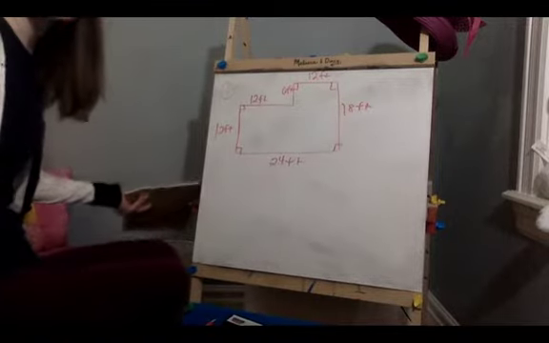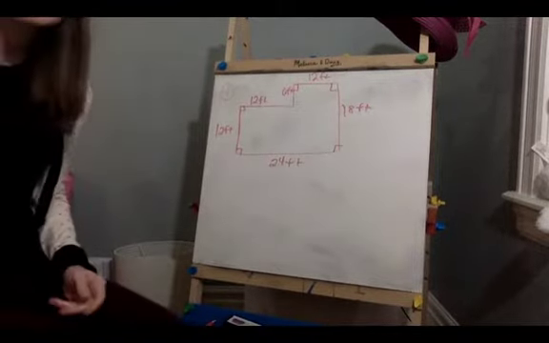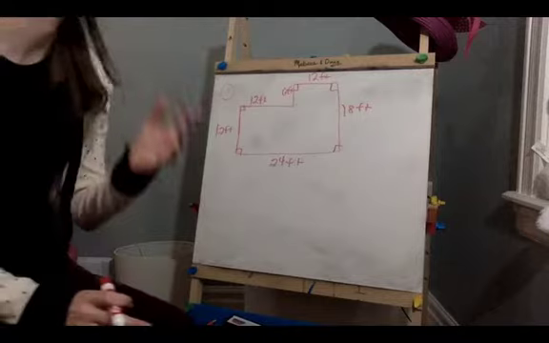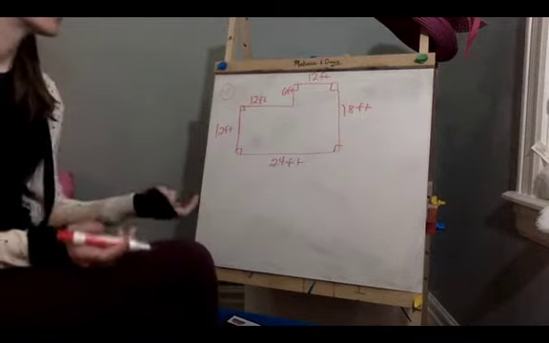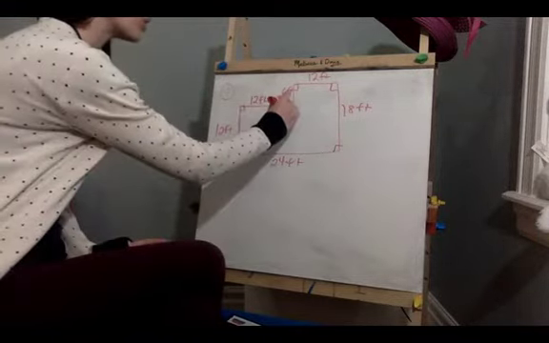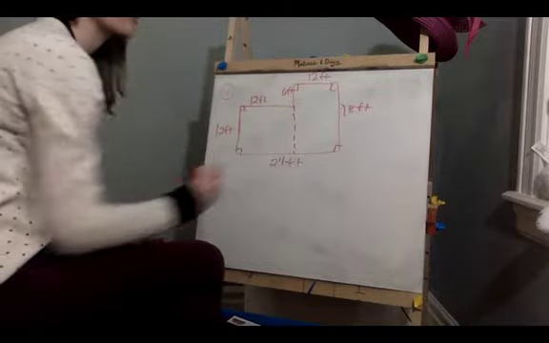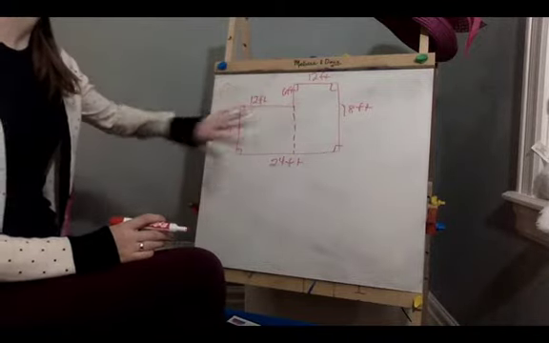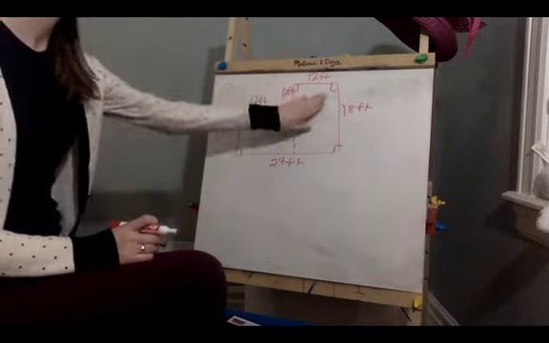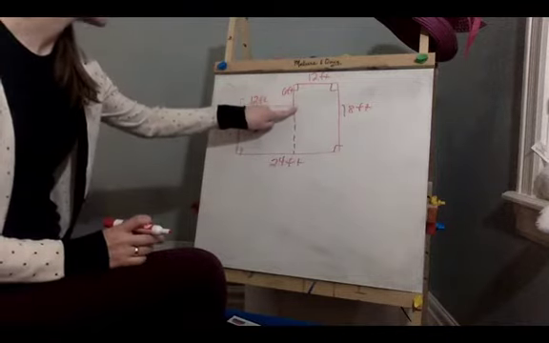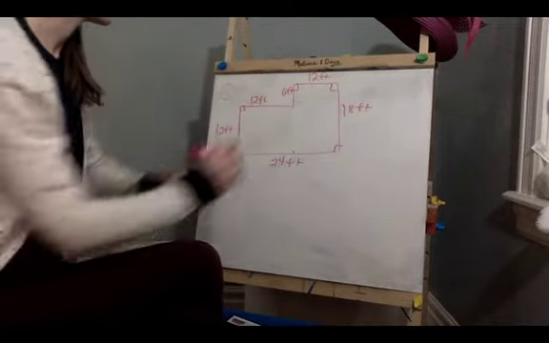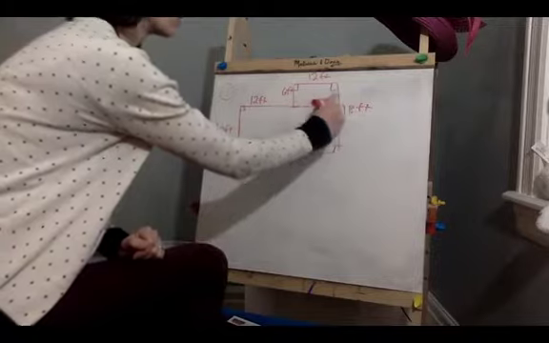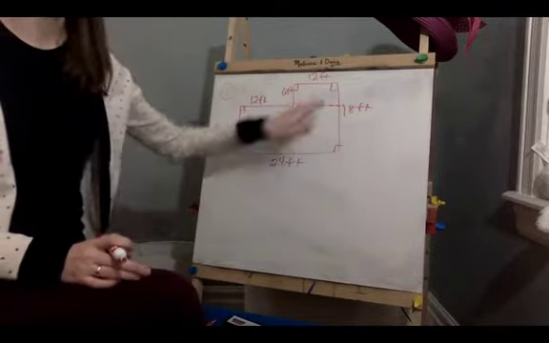There are always a couple of different ways that you can break apart these types of shapes. For instance, one person might cut this shape down the middle this way and calculate the area of this square and this rectangle. Someone else might cut it this way and look at this large rectangle and this small rectangle.